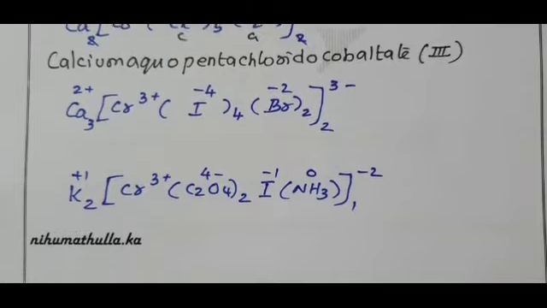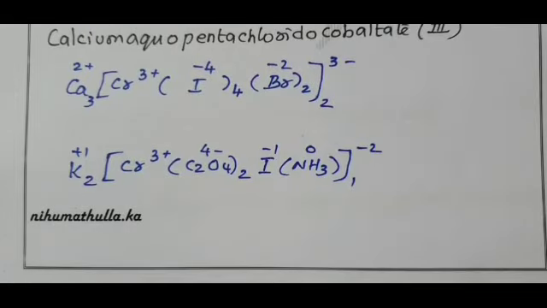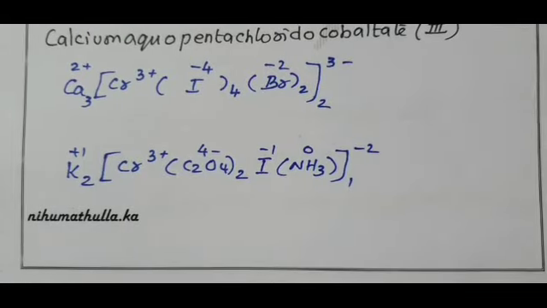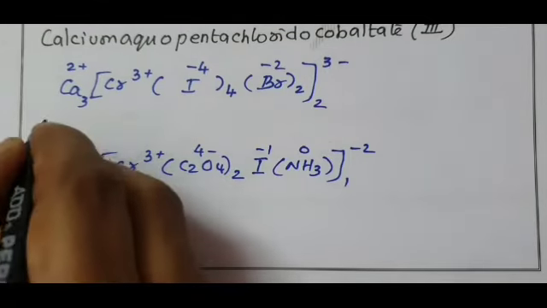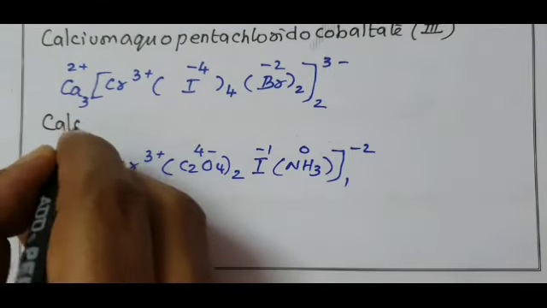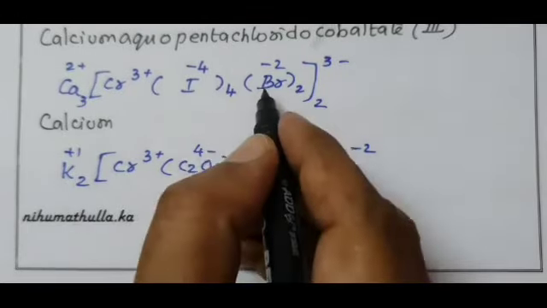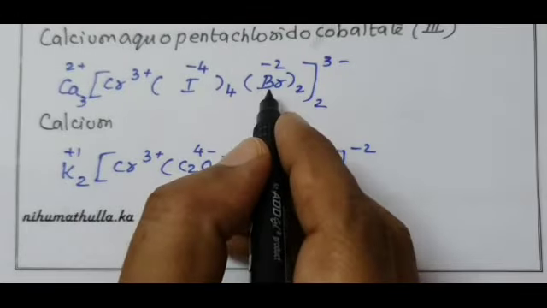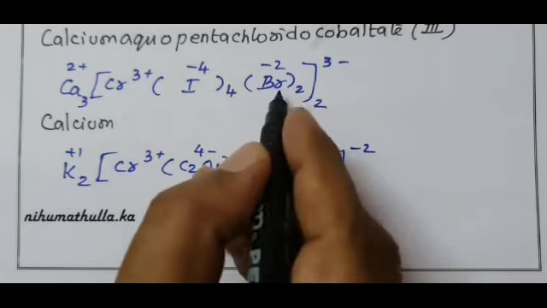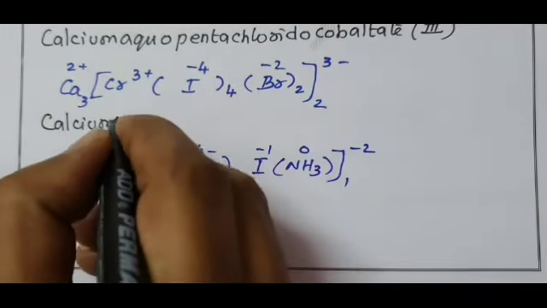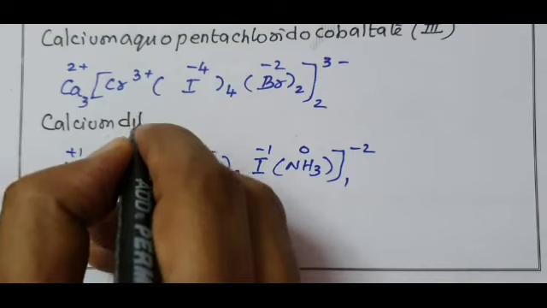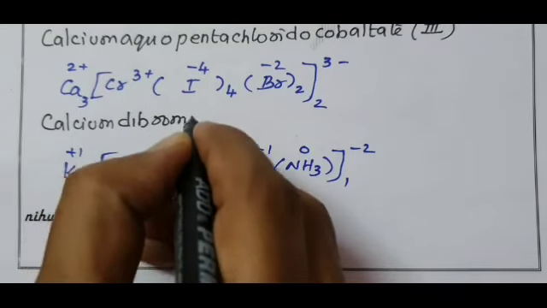Come to the next complex, chromium complex. What is our cation? Our cation is calcium, starting with caps, calcium. Come to ligands, bromido, iodido. According to alphabets, B is first. How many bromido we have? 2 bromido. Therefore, dibromido.